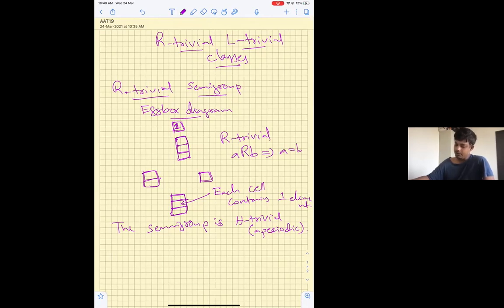Okay, that much we understand. So first, I want to write an equation. For aperiodic, we wrote the equation: a to the omega plus 1 equals a to the omega. This was an equation for aperiodic.